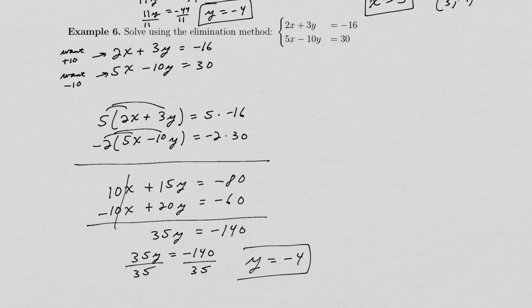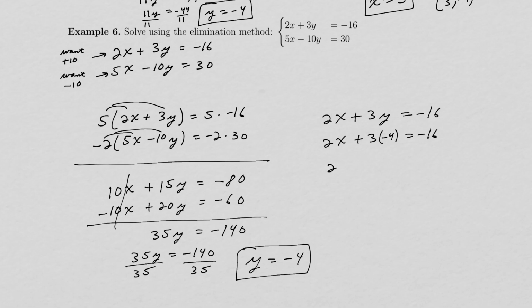That's nice. Okay, so now how do I go back and solve for x? Well, I can plug into one of these equations, right? Either equation, it doesn't matter. Maybe the first one's slightly easier because it's slightly smaller numbers, but they're about the same. So I'm just going to plug into the first one. Where I have a y, I can put in negative 4.